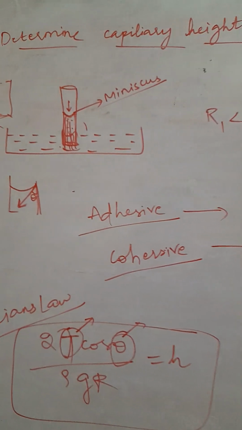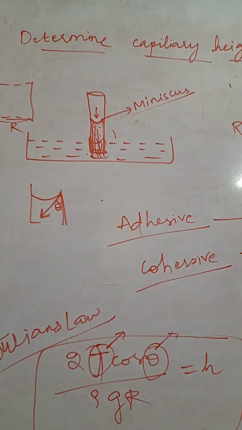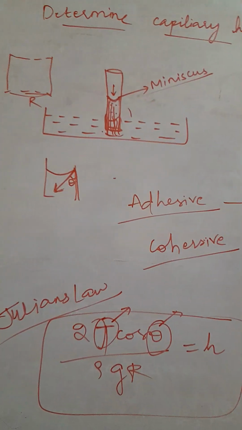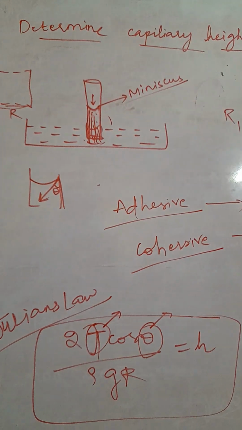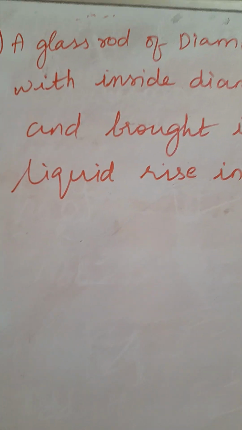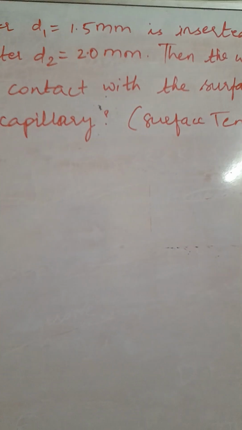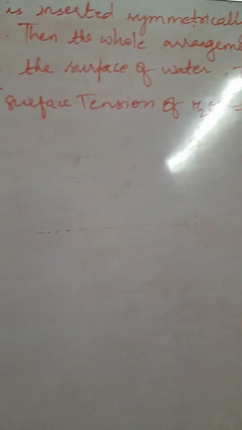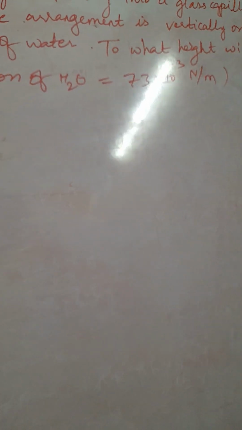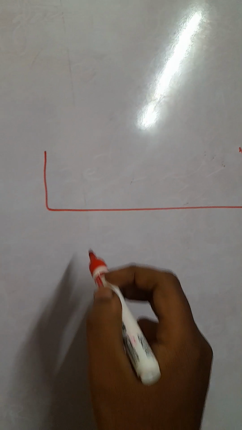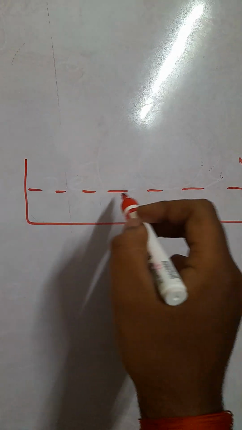So we'll take up a problem, and we'll see how we can solve for the height of capillary using that. Let's take this question. A glass rod of diameter d1 equal to 1.5 millimeter is inserted symmetrically into a glass capillary. We'll take the diagram for this. Let's take a capillary tube.